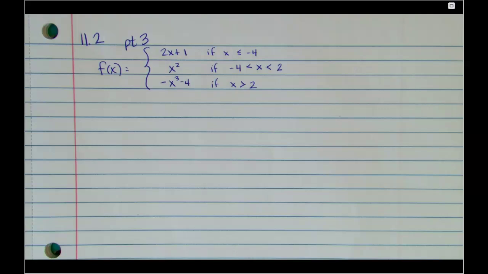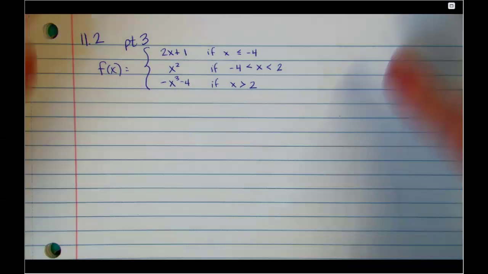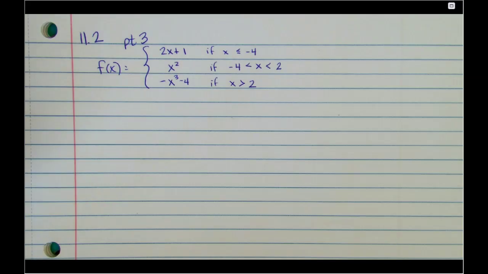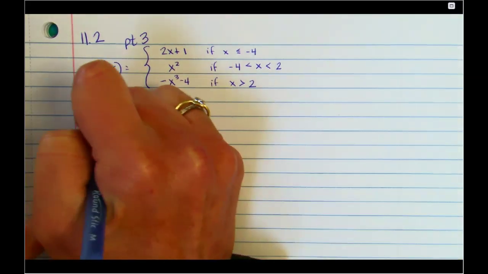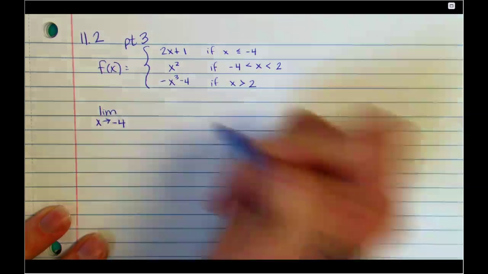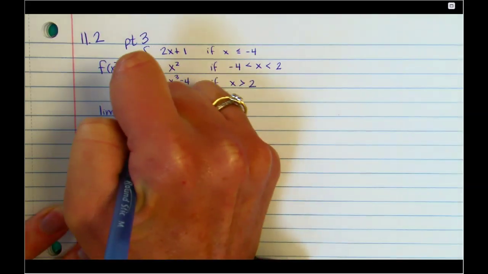Now, what we need to be able to do is find, well, let's say this. When we have a piecewise function, it gives us the opportunity to do one-sided limits, okay? So let's say I asked you to do the limit as x approaches -4 from the left of f of x.